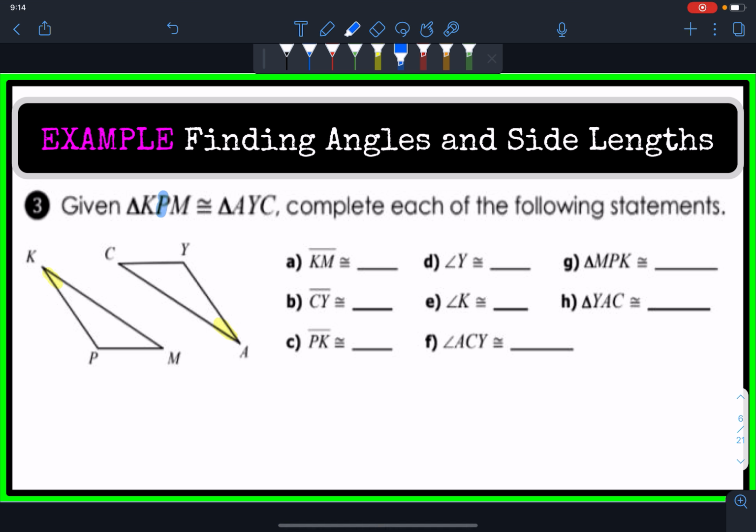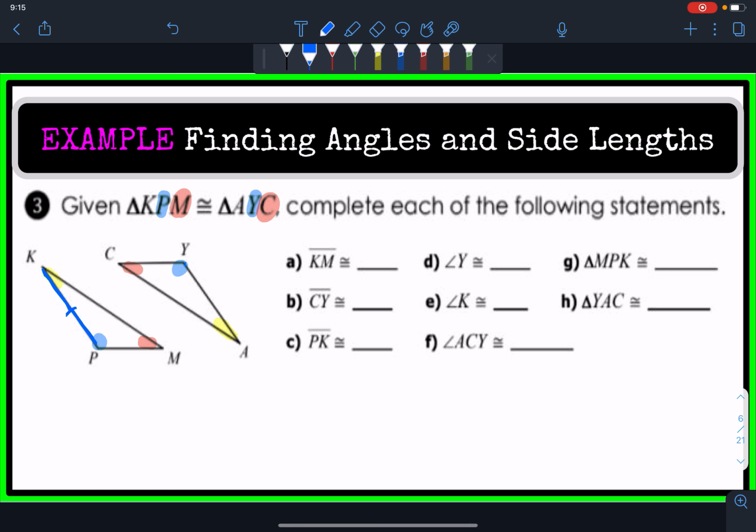P corresponds to Y, so P and Y have the same angle measurement, and M corresponds to C, so C and M are the same angle measurement, which means again that from K to P, this one right here, let me mark it with blue and also a little line right there, is going to be congruent to the corresponding side from A to Y.